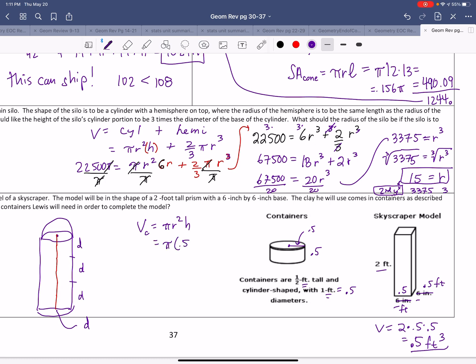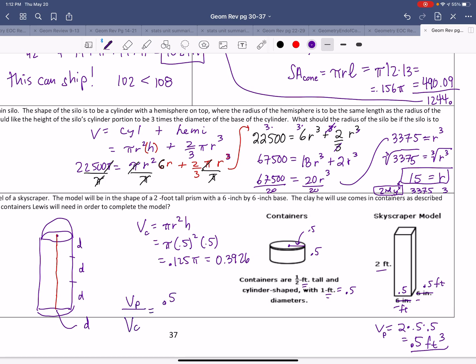So 0.5 squared times my height, 0.5. So it's really 0.5 times 0.5 times another 0.5. And then we'll multiply by pi. Okay, so I get 0.3926.